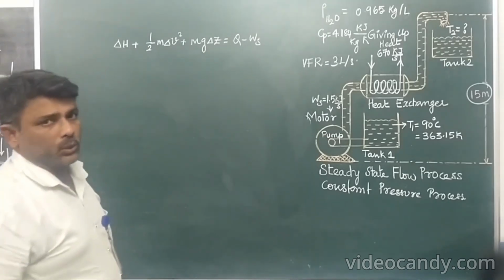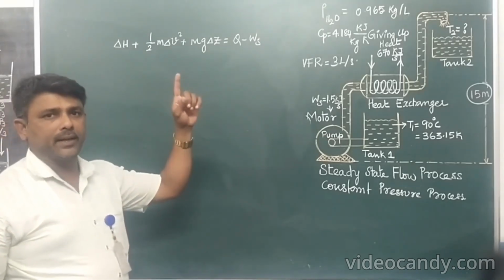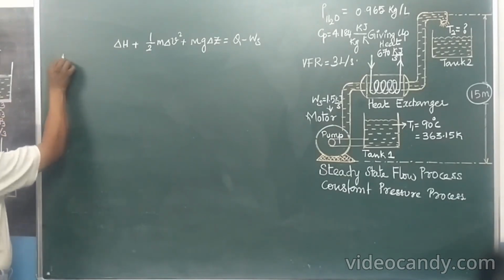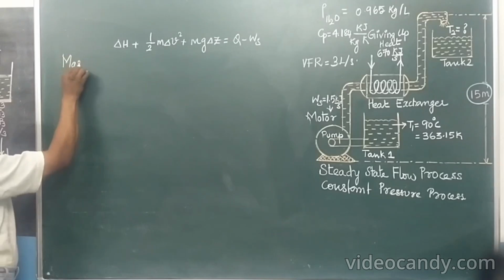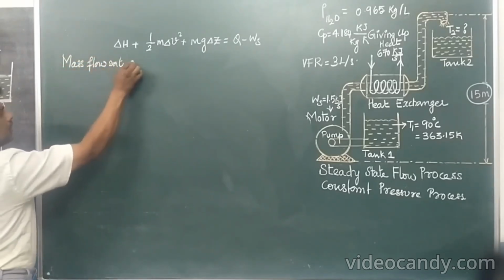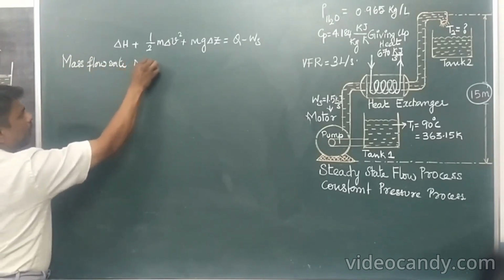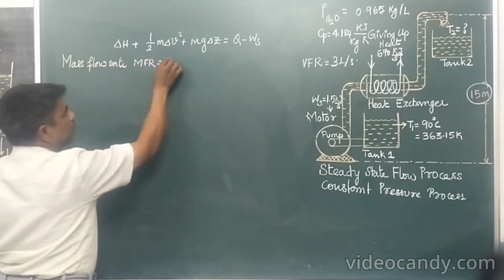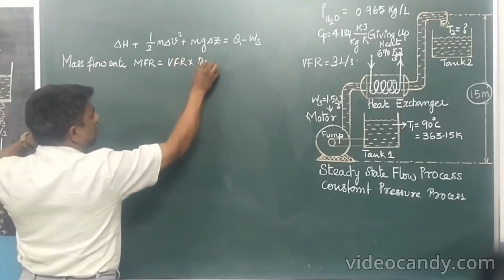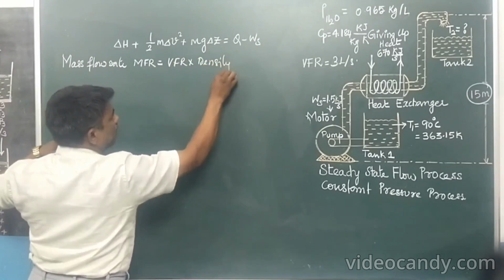Before that, using the volumetric data and the density data, I am going to find the mass flow rate of water. Mass flow rate of water is equal to volumetric flow rate times density of water.